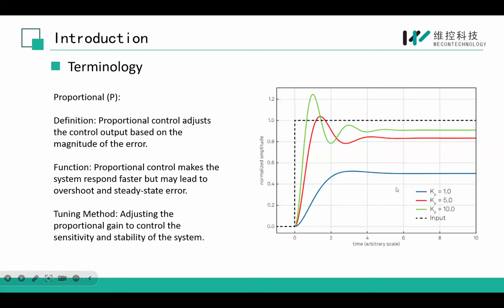So the KP is always used to speed up the control and shorten the steady state error here.